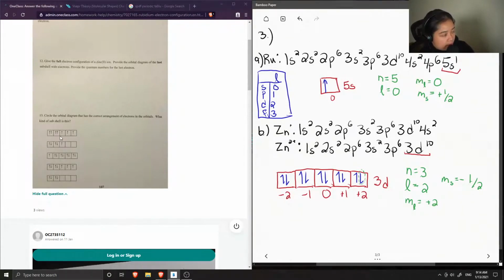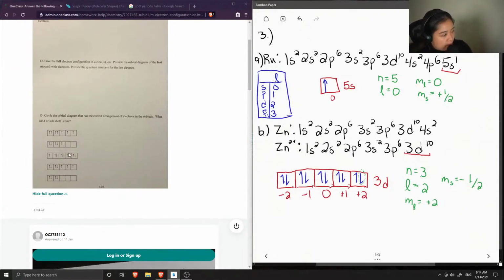Looking at the first one, everything is spinning up, even the second electrons that were written, so the first option is wrong. In the second option, they started to fill in electrons going down, even though the whole subshell wasn't filled with electrons spinning up yet. So the second option's wrong.